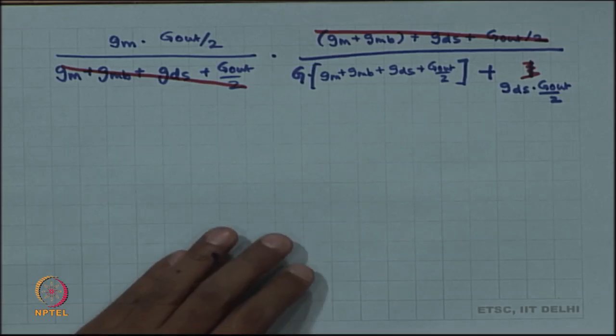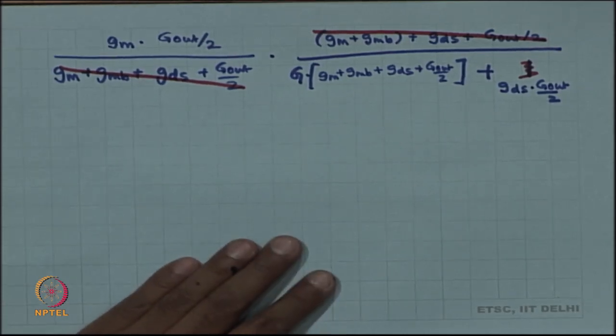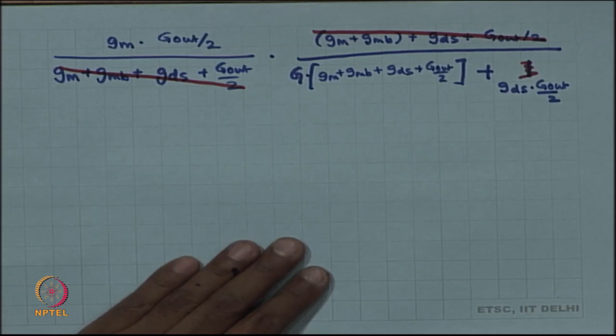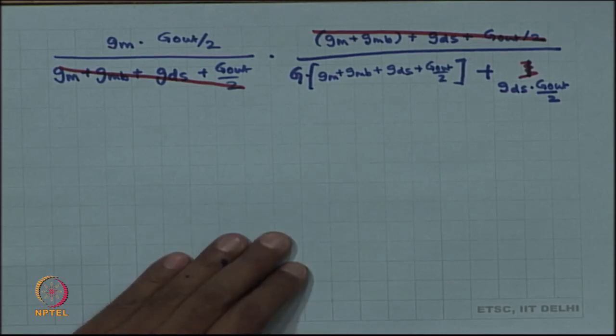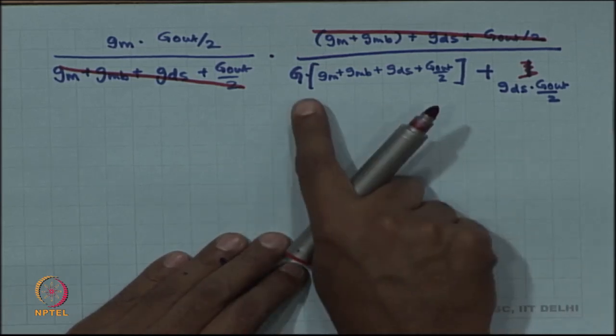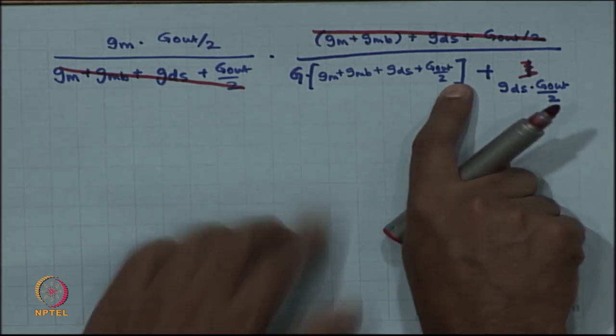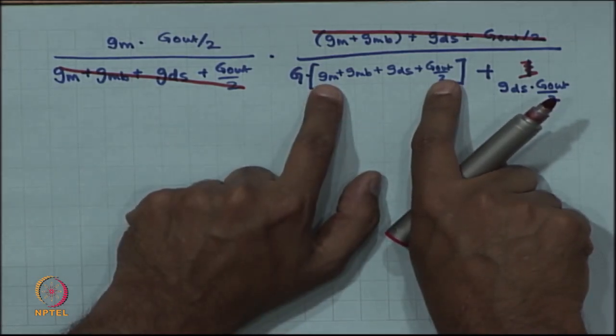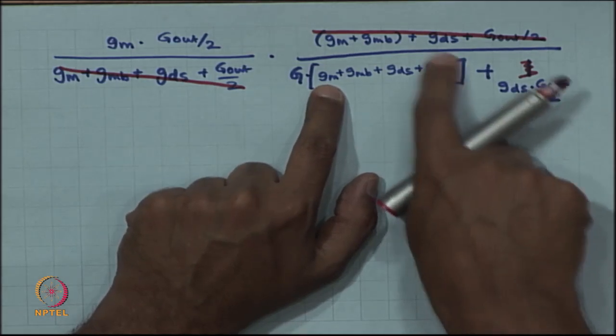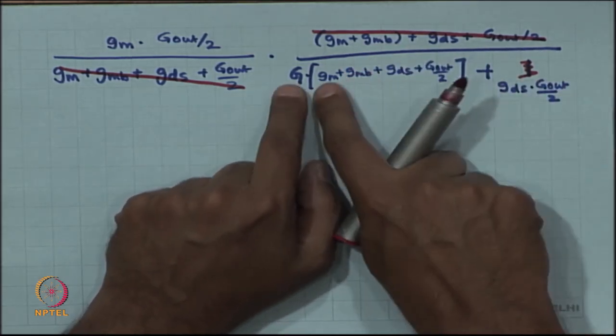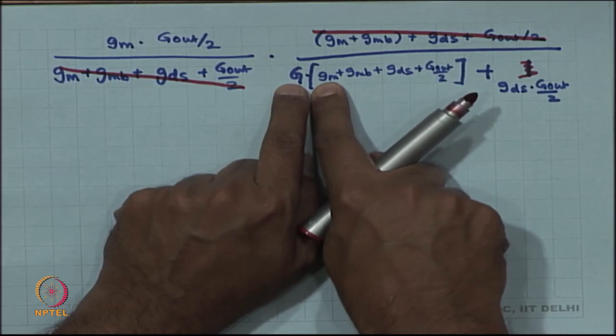And then number 2 is you are going to see what happens when G out by 2 is small. So, if G out by 2 is small and also if Gm is large compared to GDS, then this entire expression boils down to G times Gm.